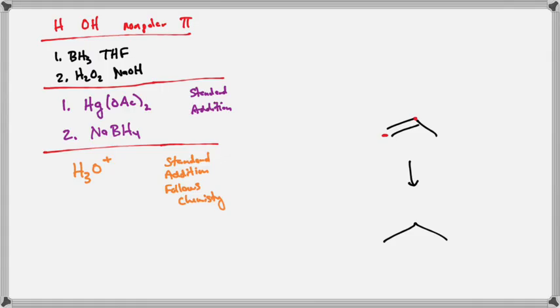This structure is a little bit more complicated than most because it's an asymmetric nonpolar pi bond. Because it's asymmetric, when I put the H and the OH on, I have to be real careful of the regiochemistry. Where does the H go? Where does the OH go?